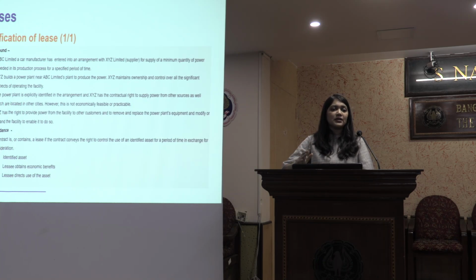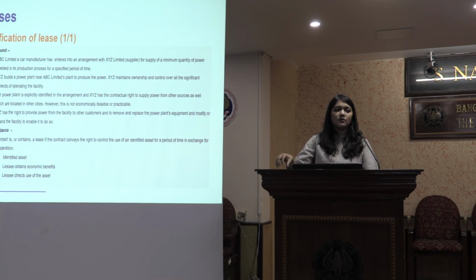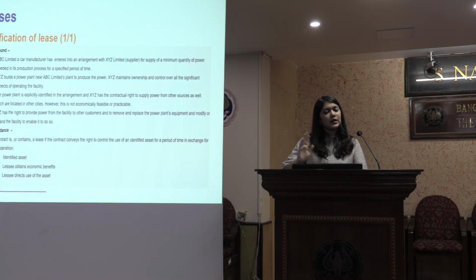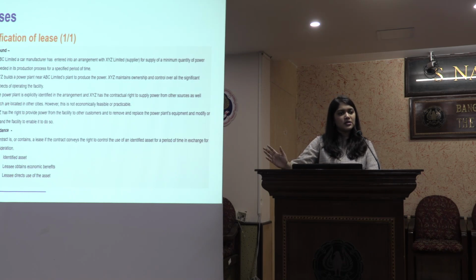And that is why we say that it is not taking over all the economic benefits of that power plant. So even if they hire their people to go and see whether maintenance is done, they have the right to direct the use of that asset. That condition will be fulfilled because I am supervising how the asset is being used, but I am still not getting all the economic benefits.